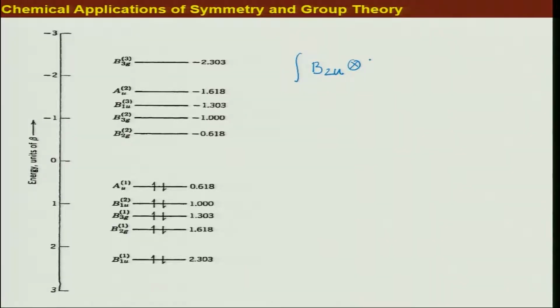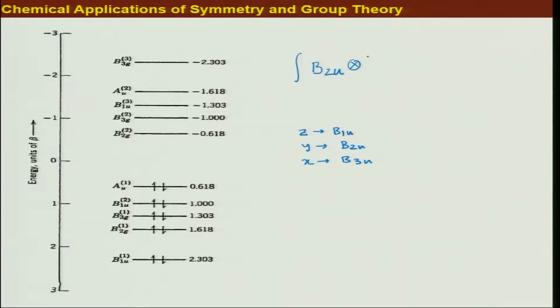If you look at the character table for D2H, you will see that Z transforms as B1U, Y transforms as B2U, while X transforms as B3U. Okay, these are the irreducible representations.